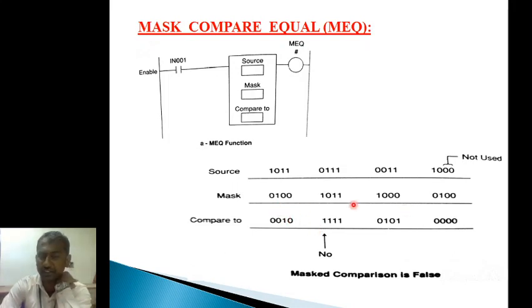Where comparison takes place means wherever the one is present in the mask, those particular bits only go to comparison. So here one is there, so comparison between 0 and 0, both are equal. So this masked comparison is true. And here we have 1, so in the source we have 0, and in the compared value we have 1, so those are not equal. So we go for the masked comparison is false. And in a similar fashion we have here 1, and those two are equal, so the comparison is true. Like that we go for the mask compare equal to comparison.